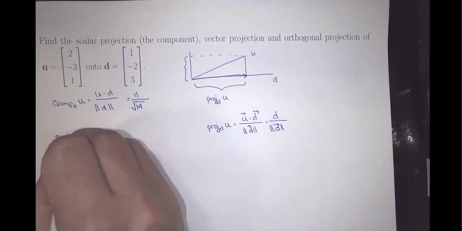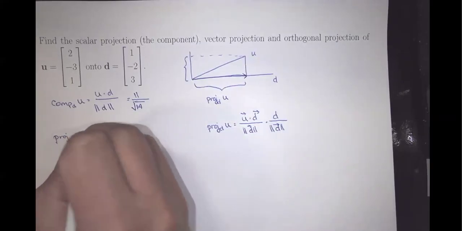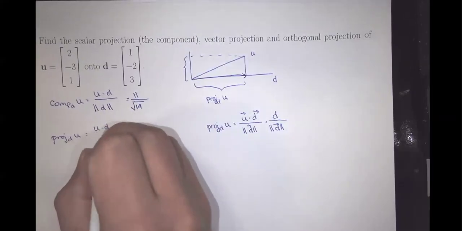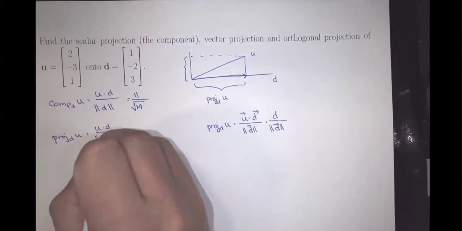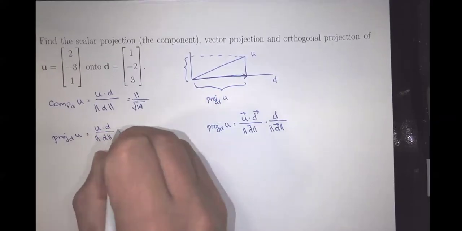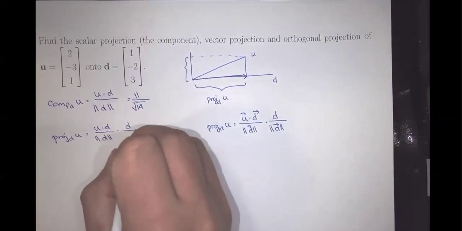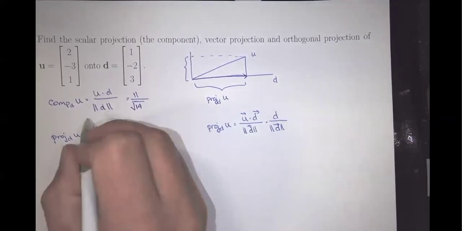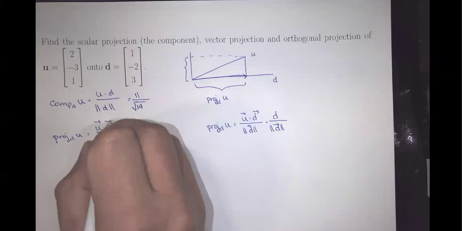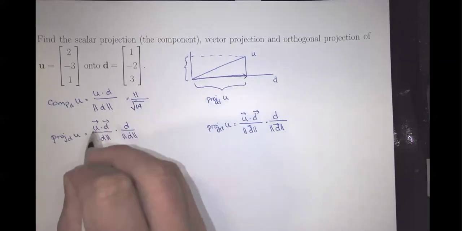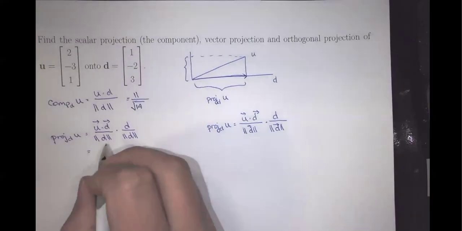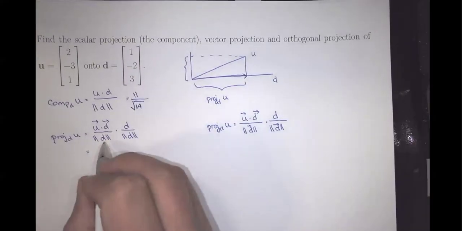The projection of U onto D is this number here, the U dot D over length of D times D over length of D. Now remember that while the numerator here is a single number because of the dot product, this D here is a vector. So we've got our 11 over root 14.